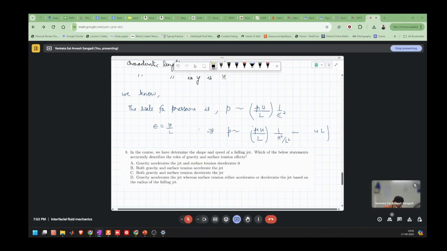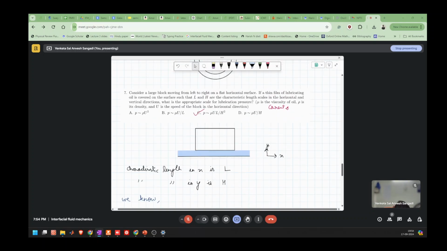Once we have substituted epsilon square with H square by L square, then it is mu U L by H square. So the correct option is option C.